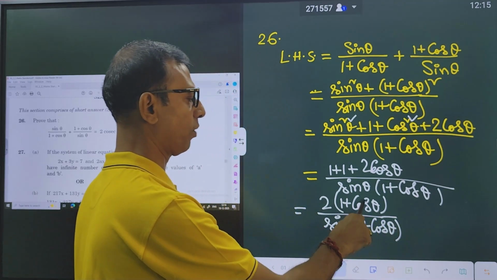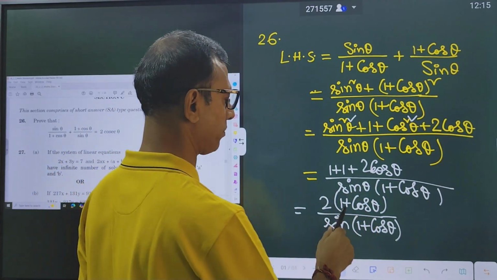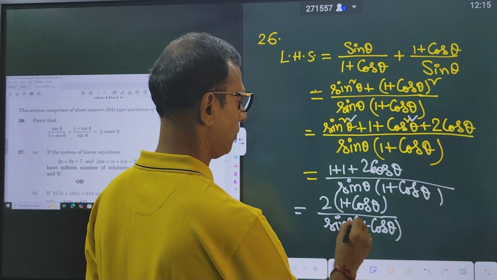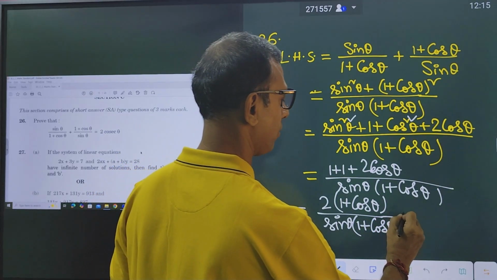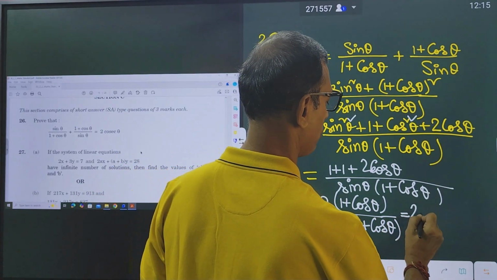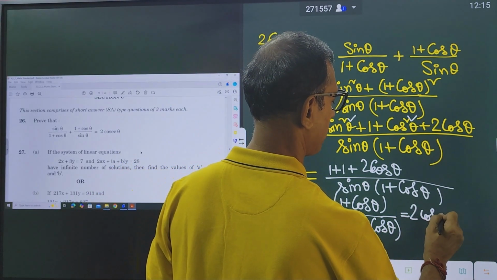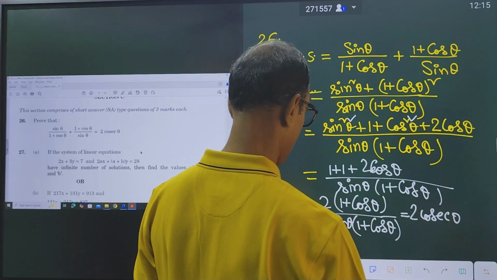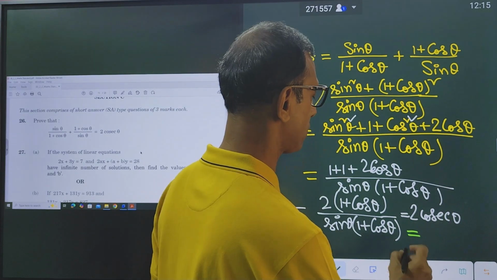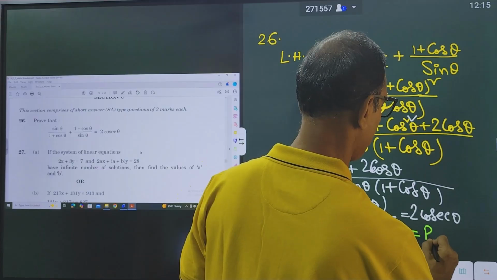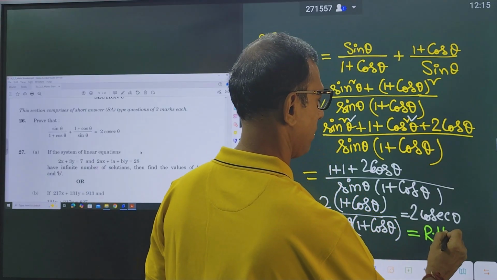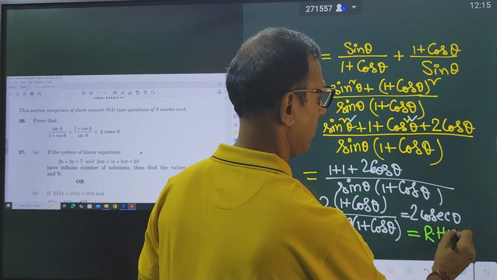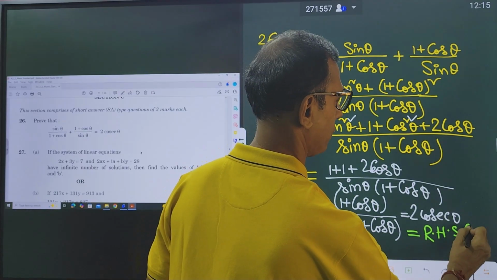So we will cancel these 1 plus cos theta, that means 2 by sin theta, that is equals to 2 cosec theta, that is equals to RHS, right hand side proved.